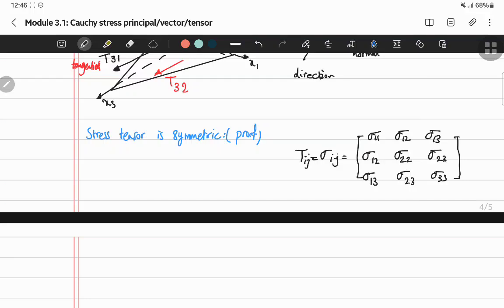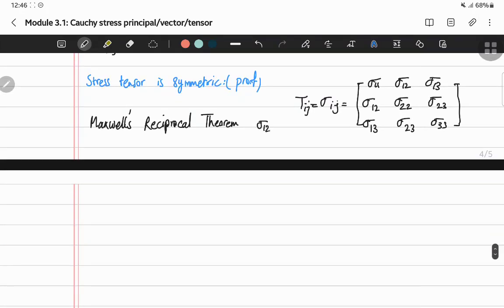So now, I don't know if you proved this before or not, but using the Maxwell reciprocal theorem, we showed that, for example, sigma 1 2 is equal to sigma 2 1 in the last chapters of some of the books for the strength of materials.